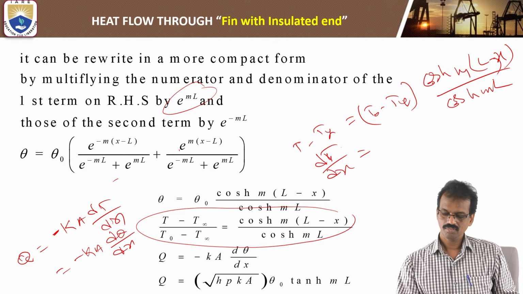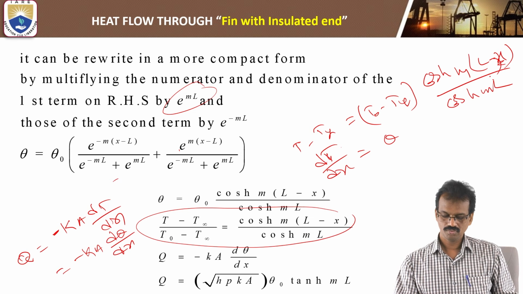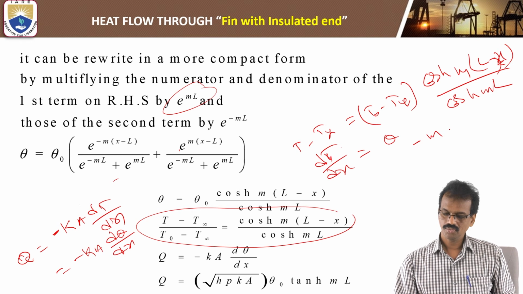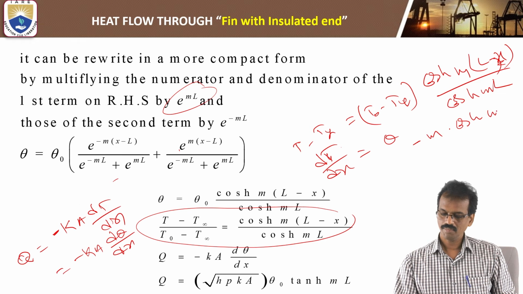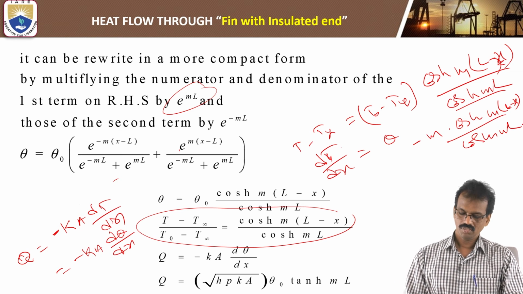Theta naught is a constant, and here L minus x is there. The derivative gives minus m into cosh m(L minus x) by cosh mL. Okay, so this is the value.